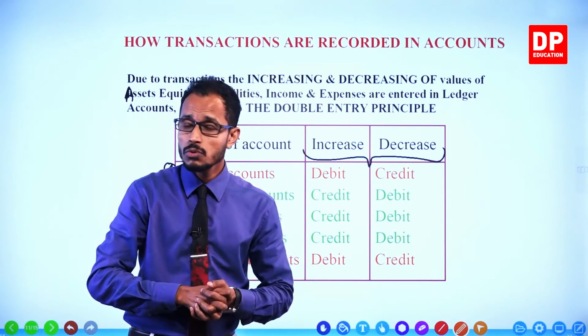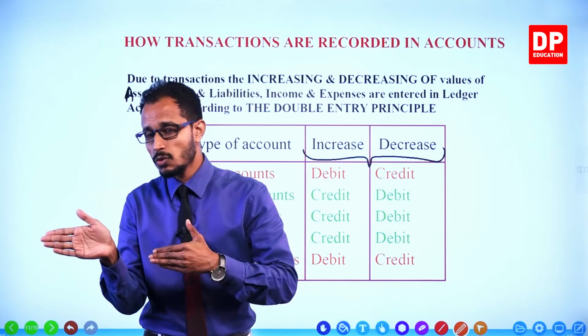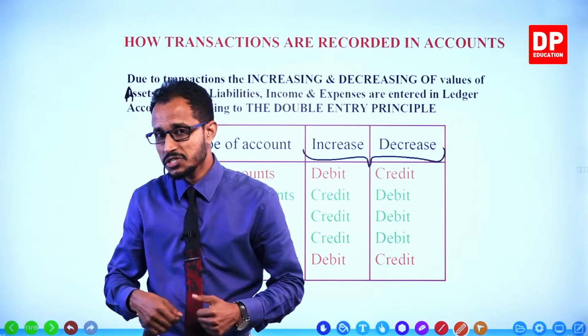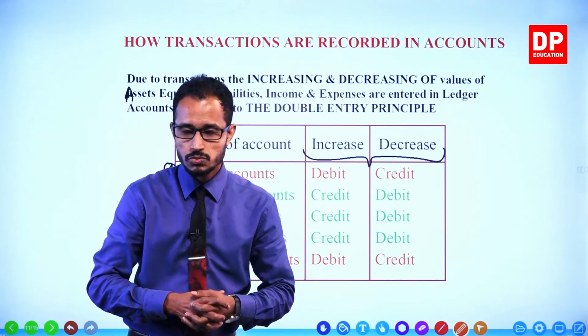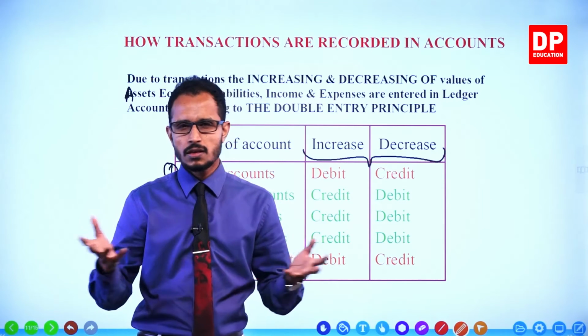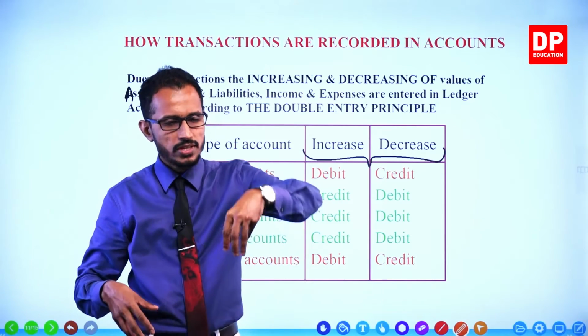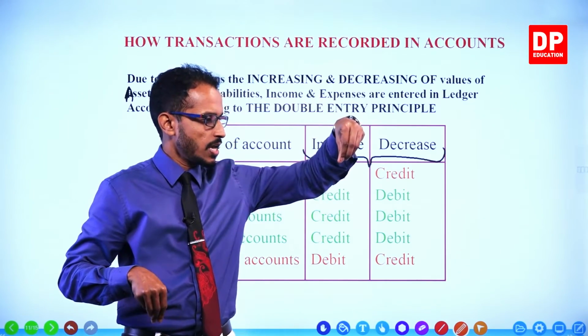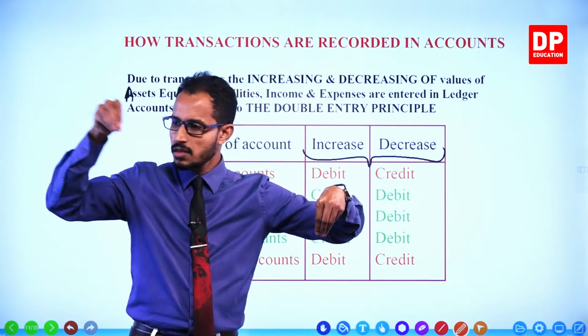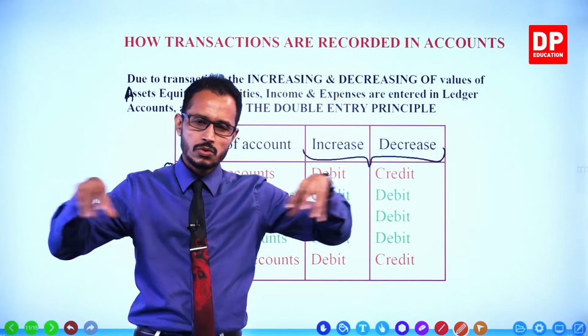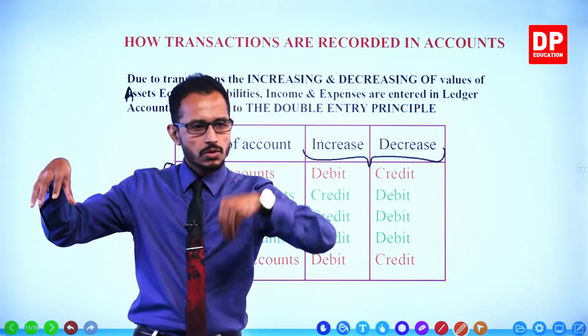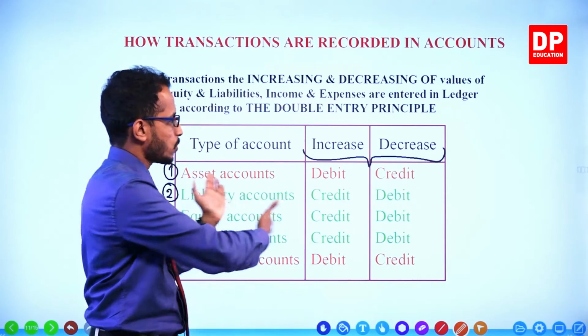How do you know on which side to record when a transaction is given to you? Whether to put that transaction amount on the debit side or on the credit side? How do you know? This is how you know.